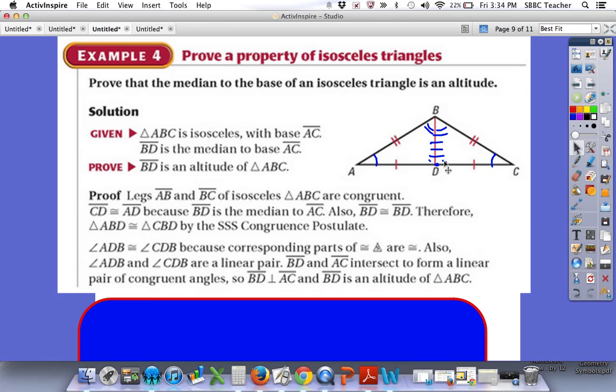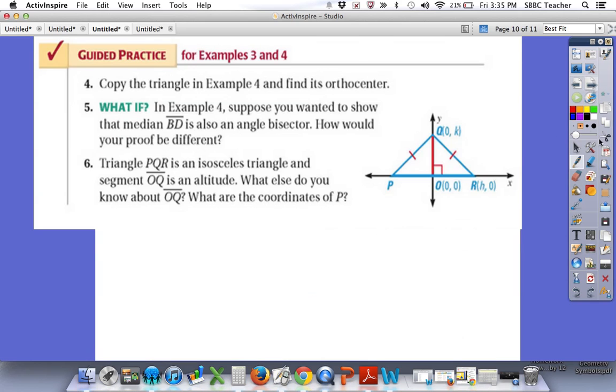These two are congruent, and they are also a linear pair. Since they're a linear pair and they're congruent, by definition, they have to be 90 degrees. Since these are 90 degrees, we can say BD is an altitude. Perfect. And this is a guided practice that you'll try on your own. And that's it for this section.